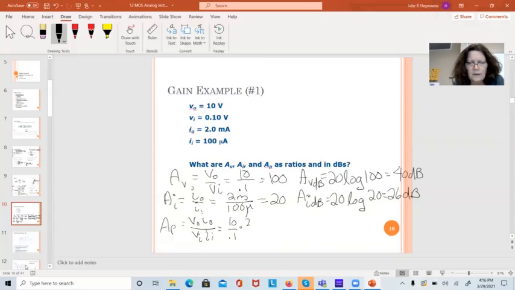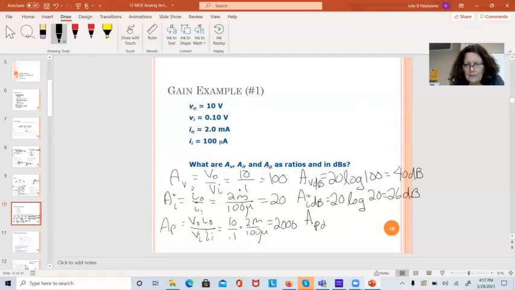Otherwise, I would just do that. Over 2 milli over 100 micro. And that comes out to be, sorry, there's a phase, 10 times 2E minus 3 divided by 0.1 times 100E minus 6. You think I could do this in my head? This is 2,000. The reason why I can't is because I'm going to screw it up because this changes here.